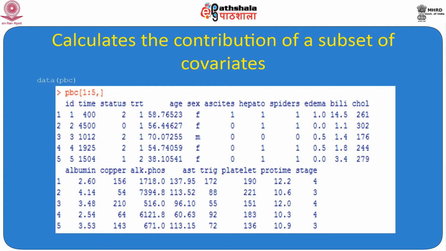Bilirubin level was also given, 14.5, 1.1, like the second individual, third individual 1.4. Cholesterol measurements are also given here. Another variable albumin, next one copper, next one alkaline phosphatase, AST, triglycerides, platelets, protein, stage, all these variables are considered.